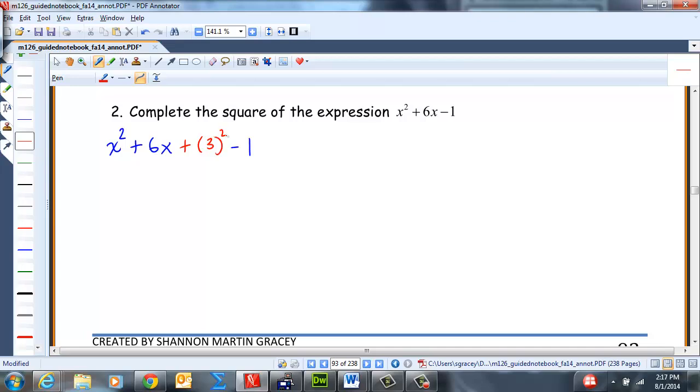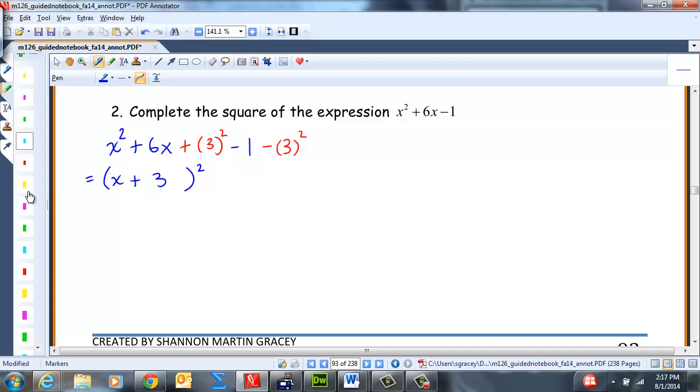Now we adjusted the equation by 3 squared, so we're going to have to subtract 3 squared, and the red in effect is adding 0 to this expression. So this will give us the quantity x plus 3 squared.